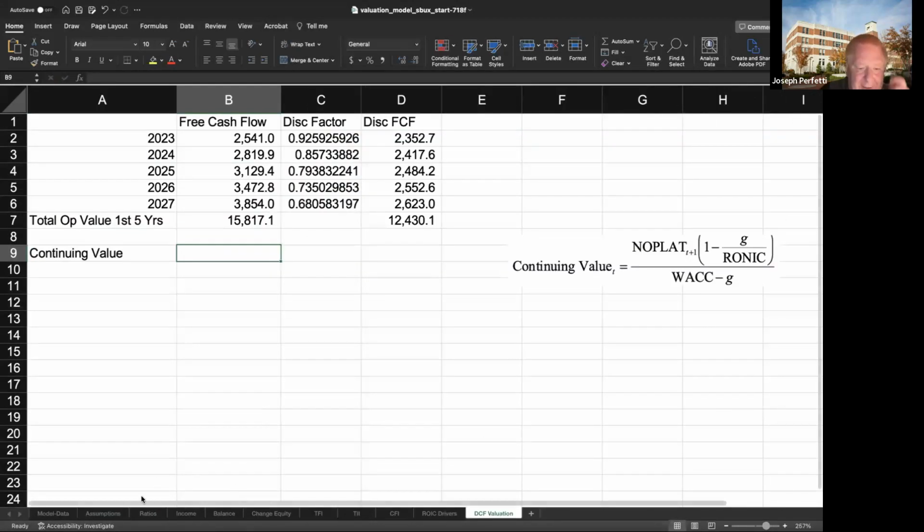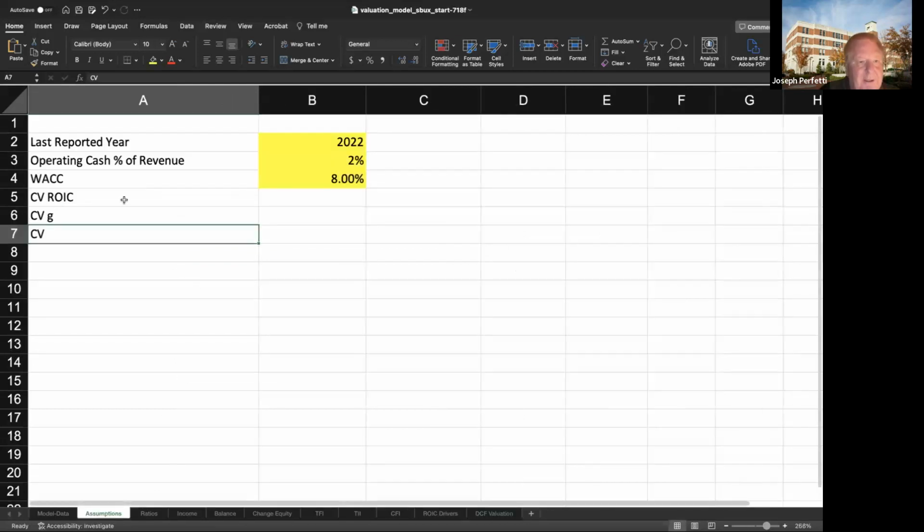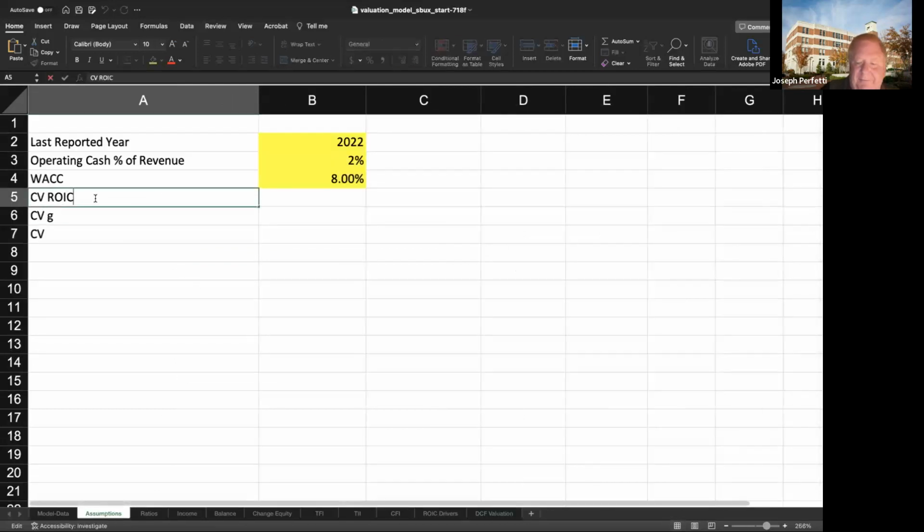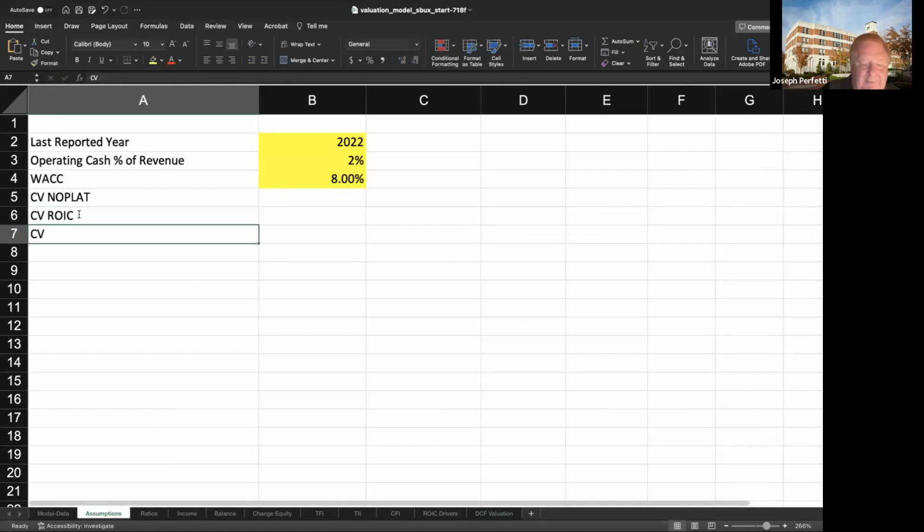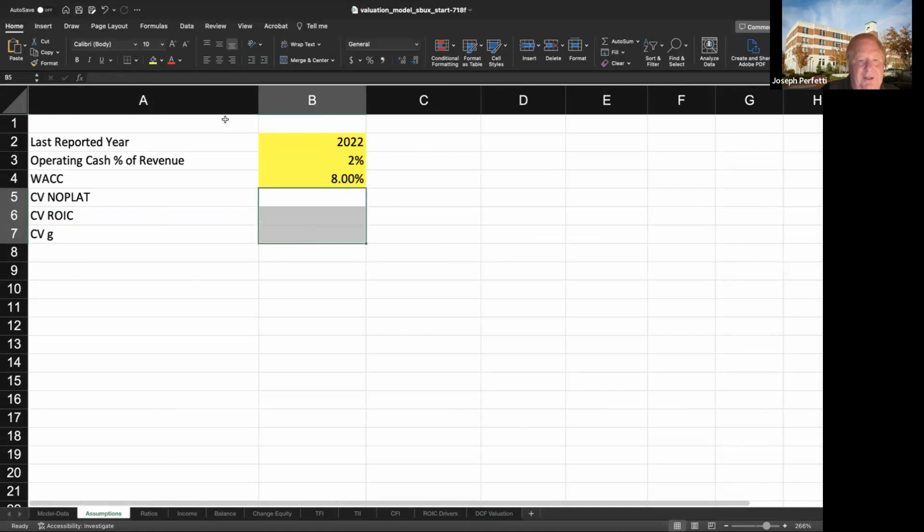Oh, NOPLAT, continuing value NOPLAT. I usually put the NOPLAT first. So continuing value NOPLAT, continuing value ROIC, and a continuing value G. And these are going to be yellow cells because they could change.